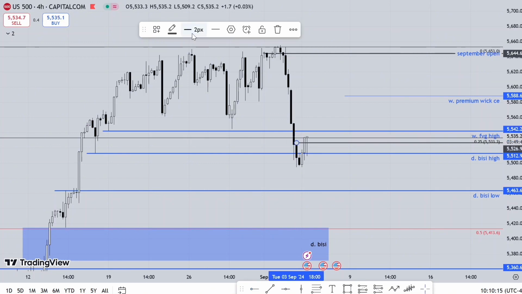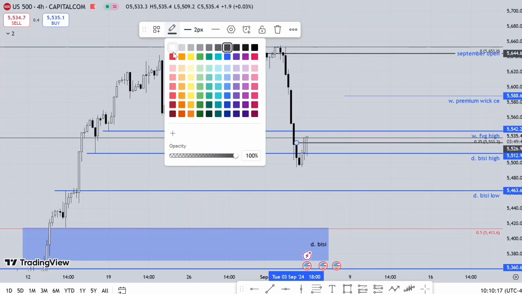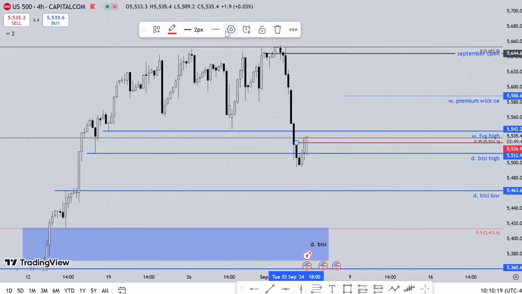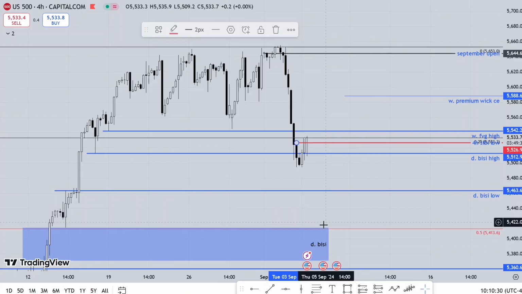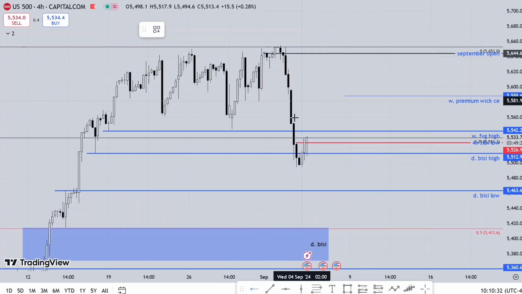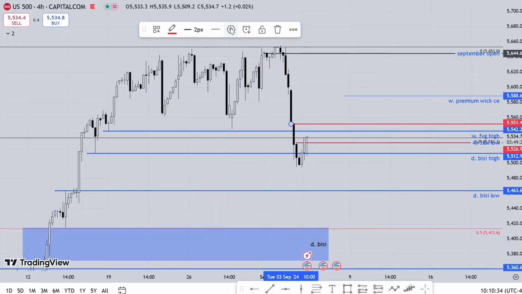So below it here you have the 4 hour BC low. So it's a CB. And just above it we have the 4 hour CBI.